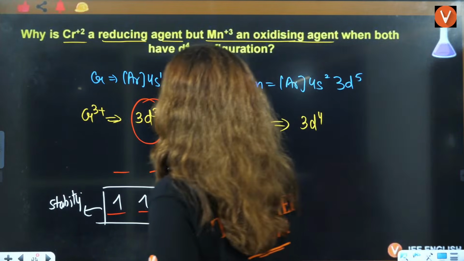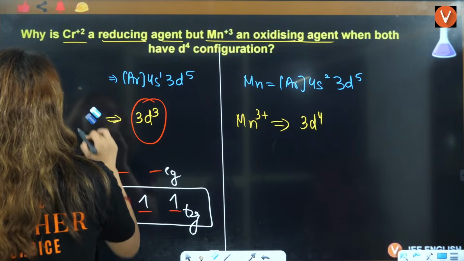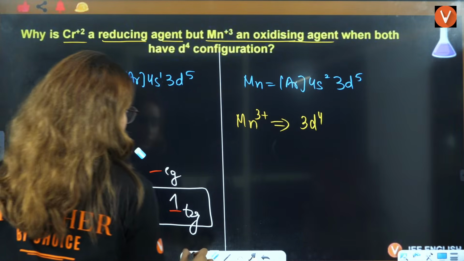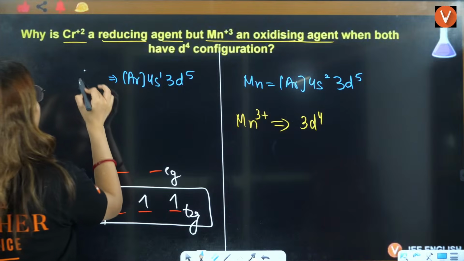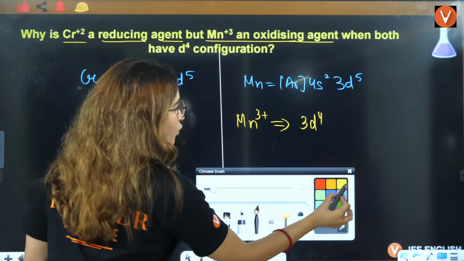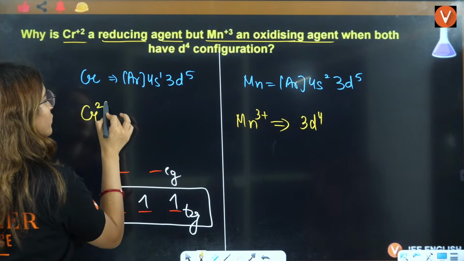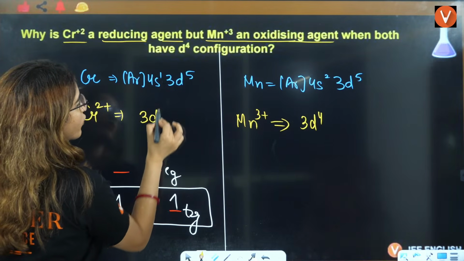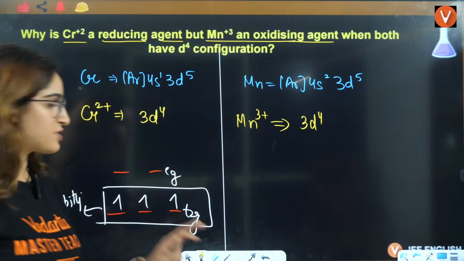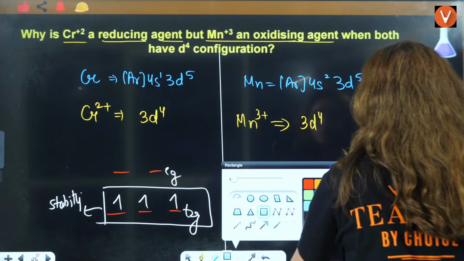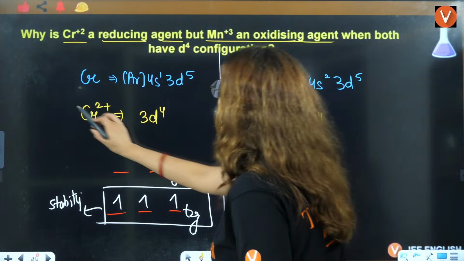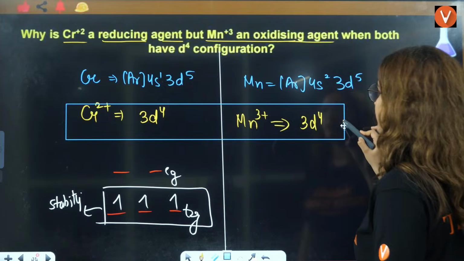But we are asking about chromium 2 positive. Wait a minute, then things will change. Chromium 2 positive is 3d4, and manganese 3 positive is also 3d4.